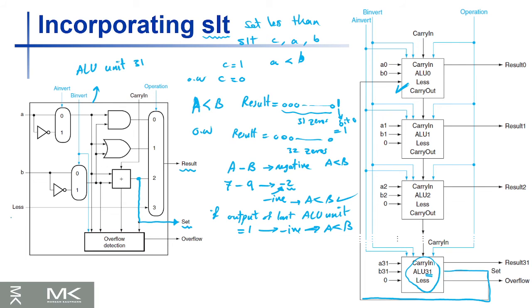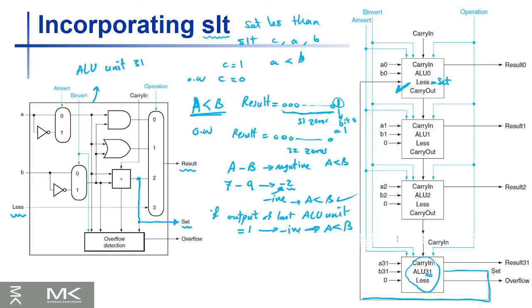So we're going to add another input. We're going to call it less. It means less than. And the very first less input is basically equal to set, which will be 1 if A is less than B. We said that in case A is less than B, we want all the outputs to be 0 except the very first one.